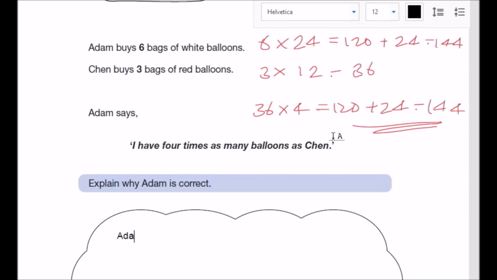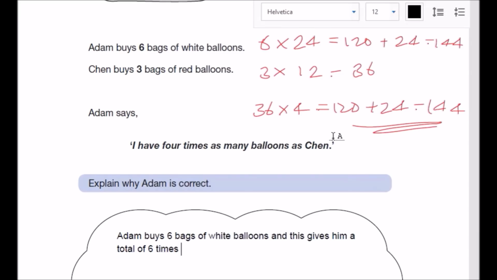Okay, so we know Adam buys 6 bags of white balloons, and this gives him a total of 6 times, well, I can't do a times sign here, so the star means times.